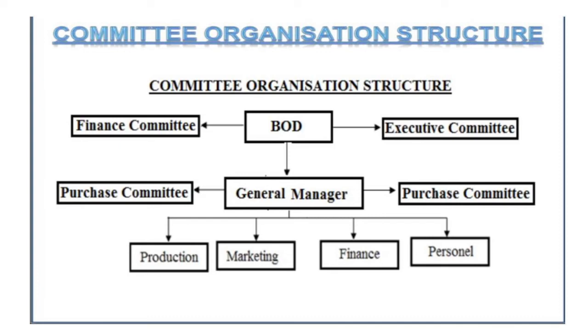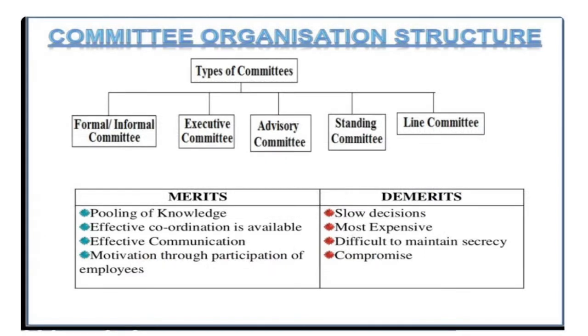Their job is to research and advise the board of directors as well as the general manager. Then, coming to the types of committees: formal and informal committee, executive committee, advisory committee, standing committee, line committee. You can prepare any number of committees and seek their advice in day-to-day matters or specialized matters.